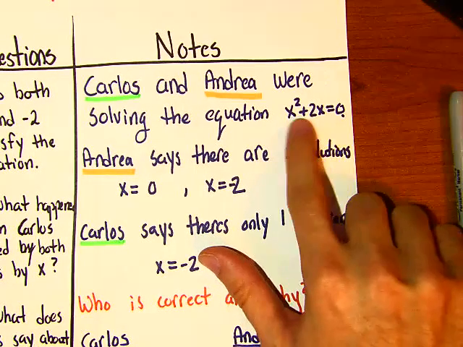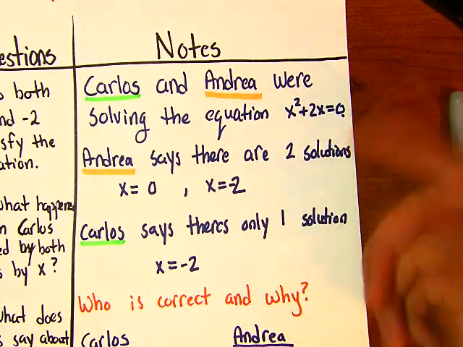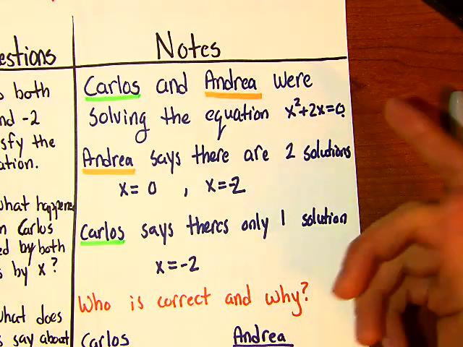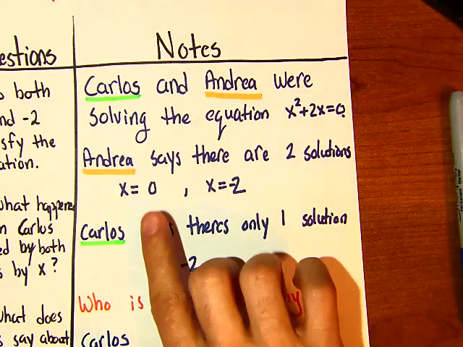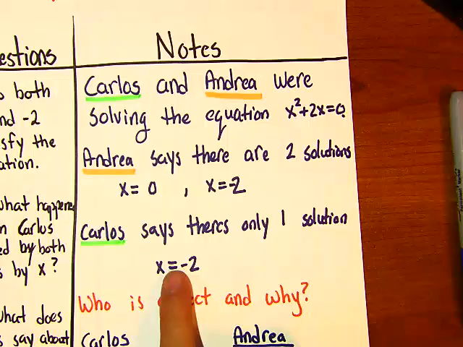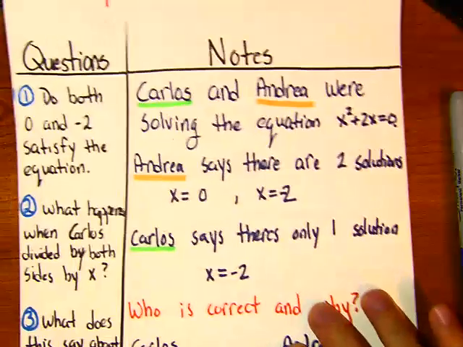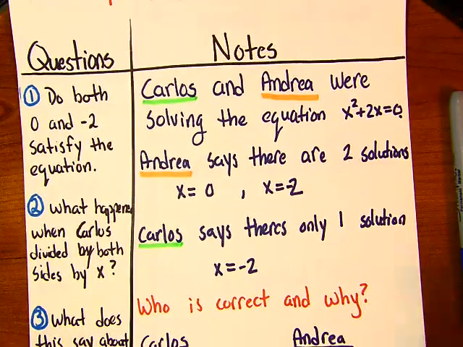If I give you this equation and I say, which values of x make this true, figure it out. Is it just these two? Only this one? Let's see how Carlos did this question.